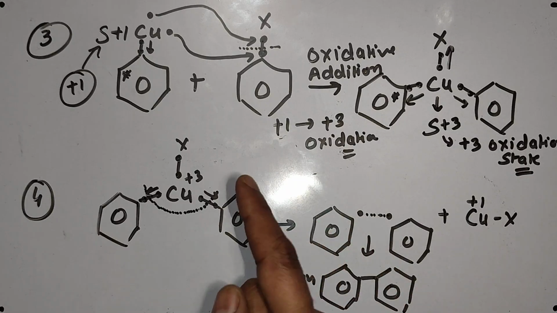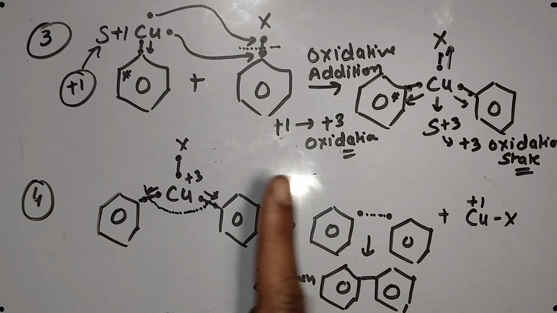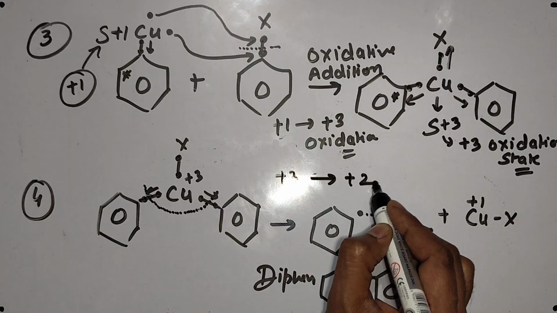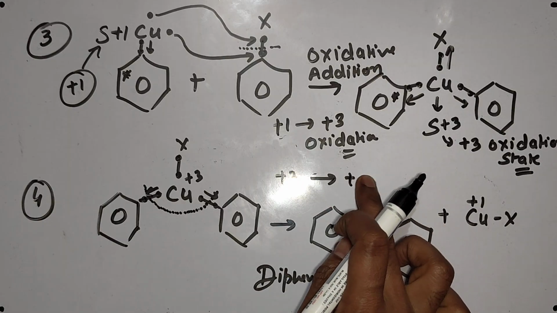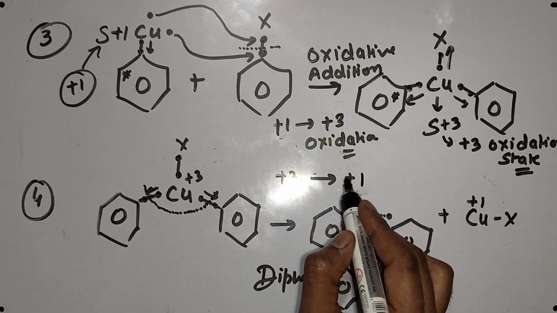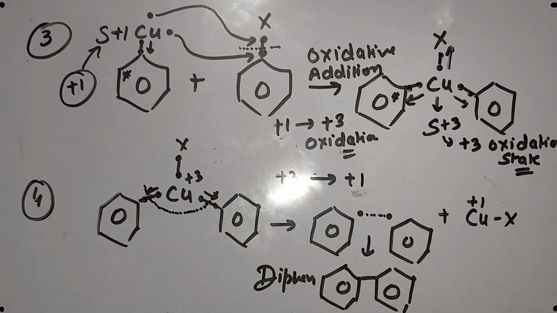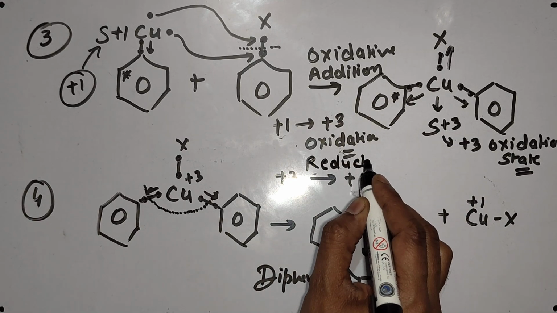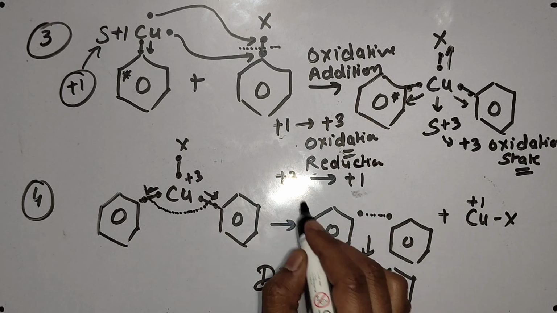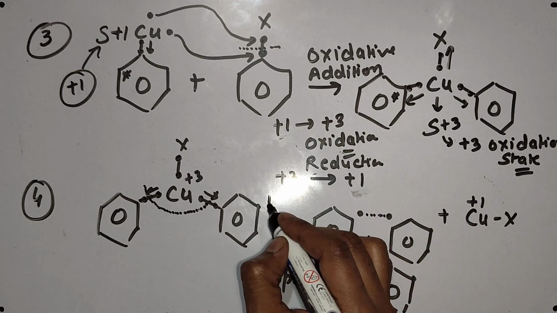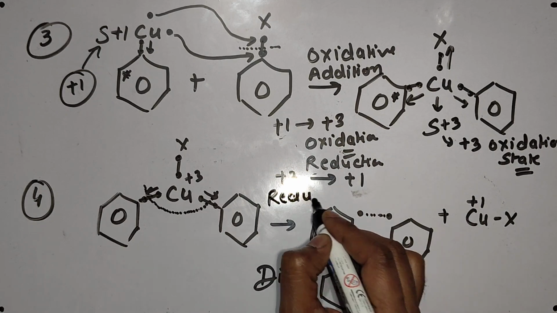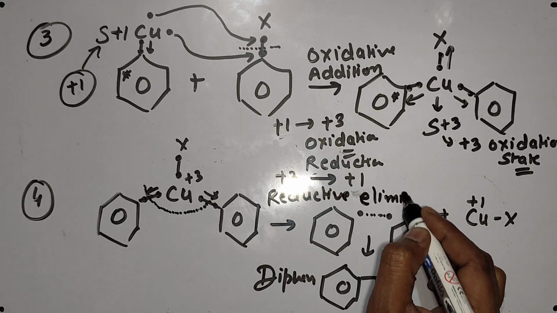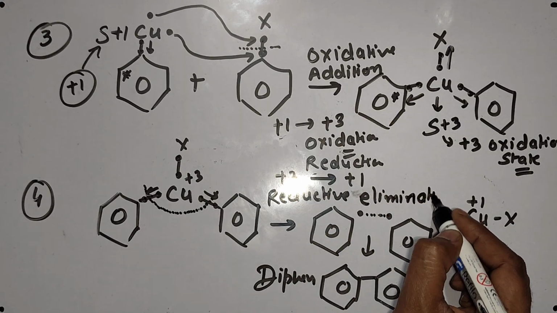So its oxidation state will change from +3 to +2. Sorry, +1. A decrease in oxidation state means reduction. And we will call this reductive elimination. The last step is reductive elimination.